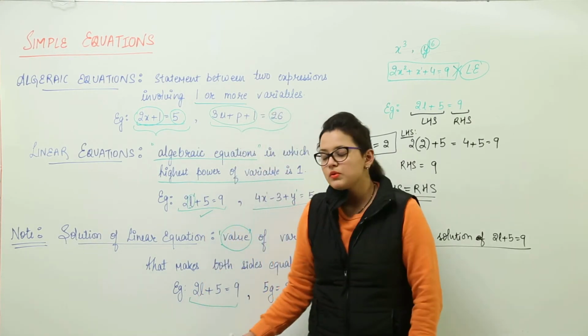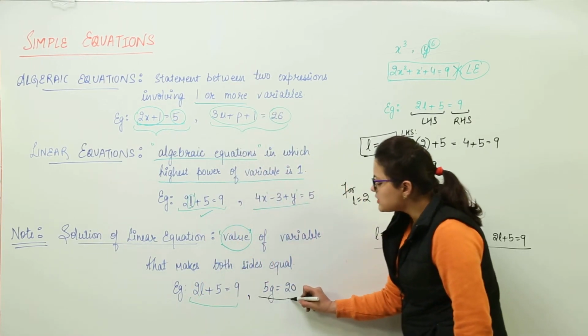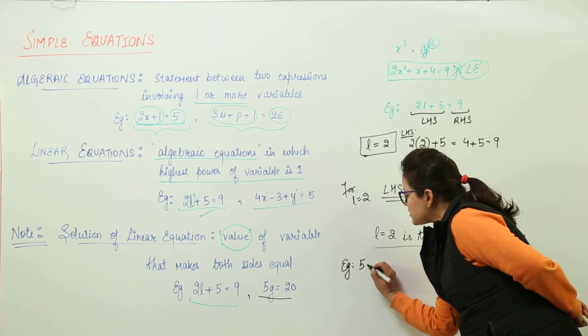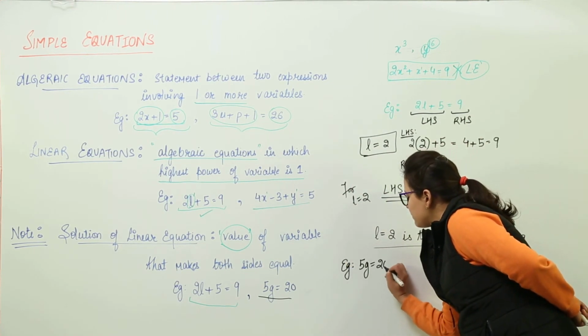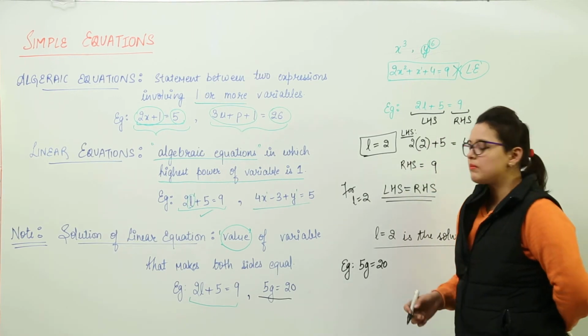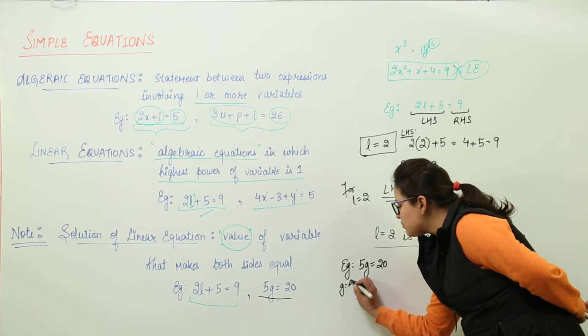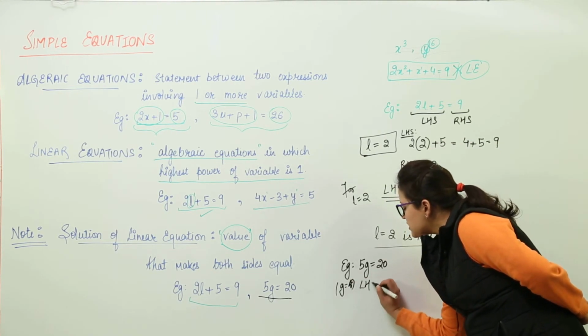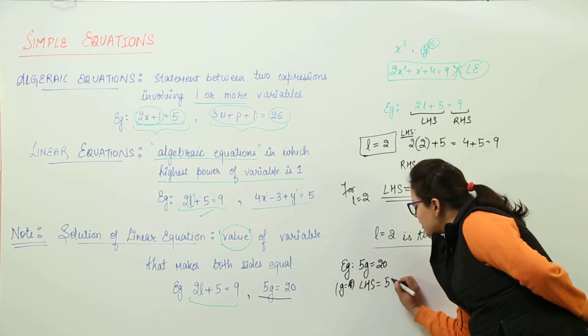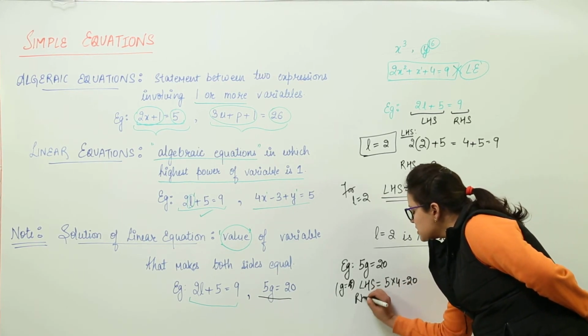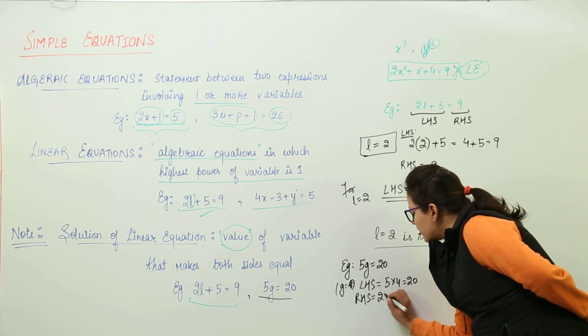Similarly, we have another equation here, that is 5g equal to 20. Let's say for example, I am taking the value of g to be 4. For g equal to 4, what will be the LHS? The LHS would be 5 into 4, that is 20. And what is RHS? Here RHS is already 20.